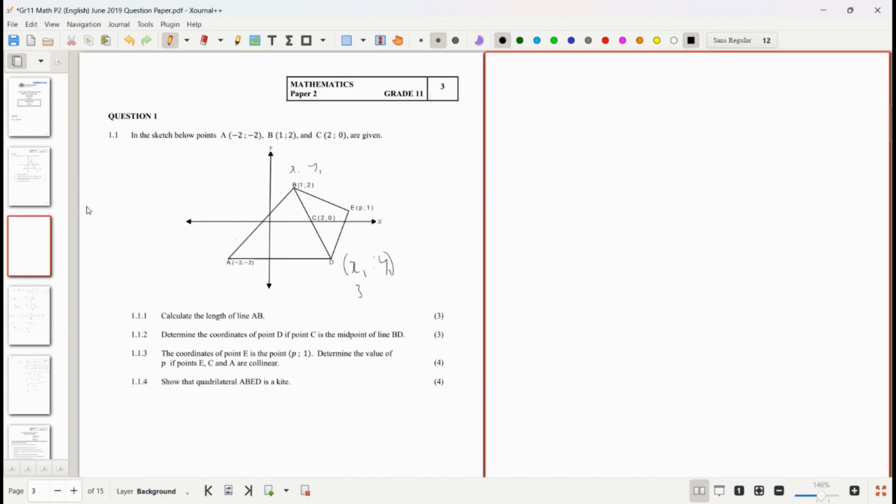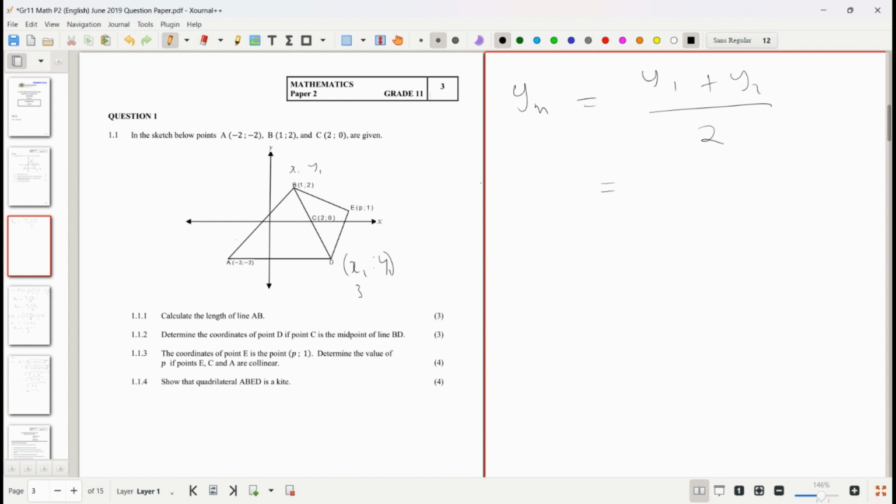So what we need to find next is our y. We will use this formula, right? The y of the midpoint will be y1 plus y2 divided by 2. So we know our y coordinate of the midpoint. Yes, it's 0. You can see here it's 0.